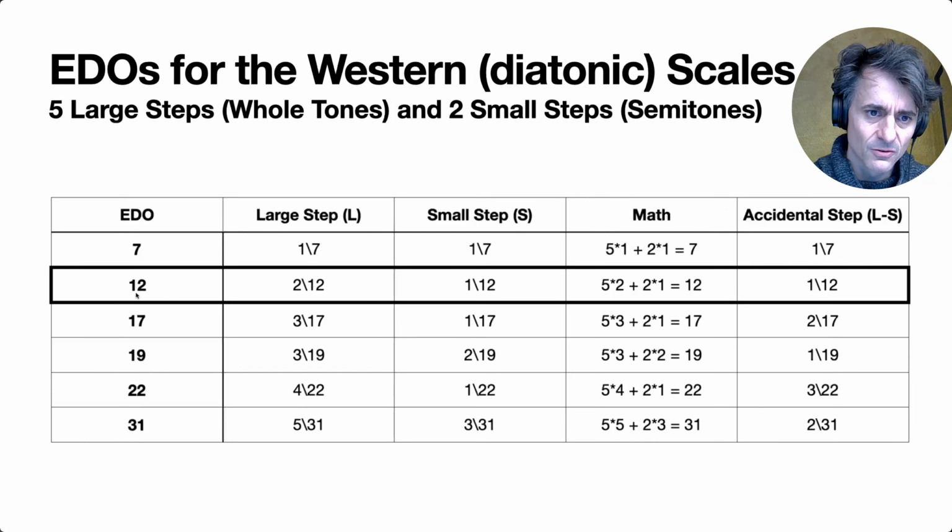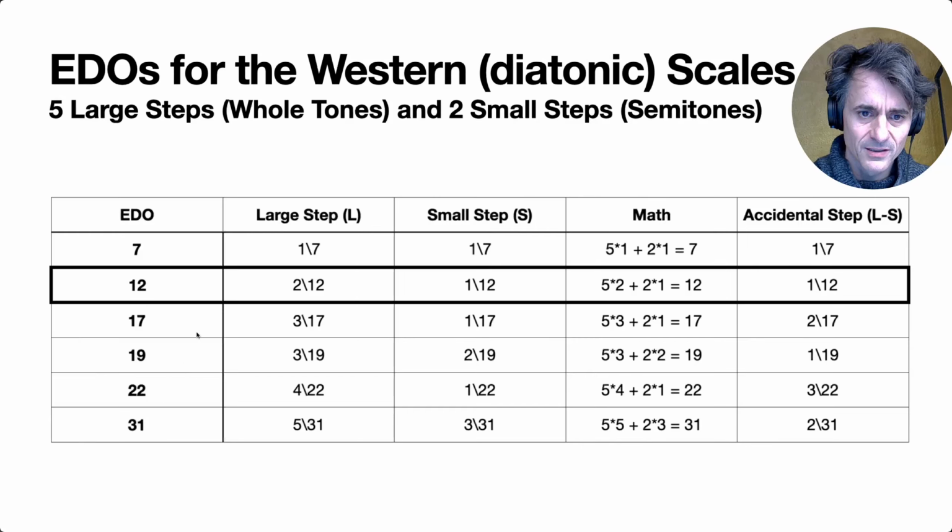We can do this for the different EDOs. 7 EDO would have the large and small steps the same size, and the math is 5 times 1 plus 2 times 1 equals 7. Of course we also have 17 EDO, 19 EDO, 22 and 31 EDO, which fit nicely and are popular choices.